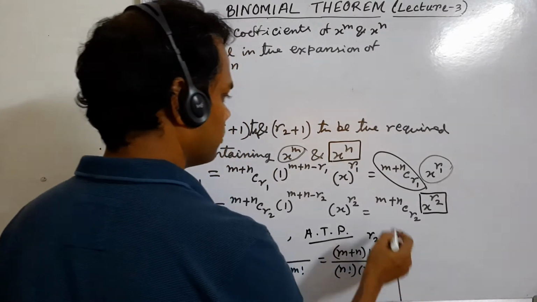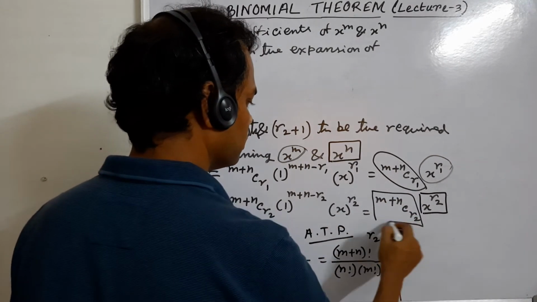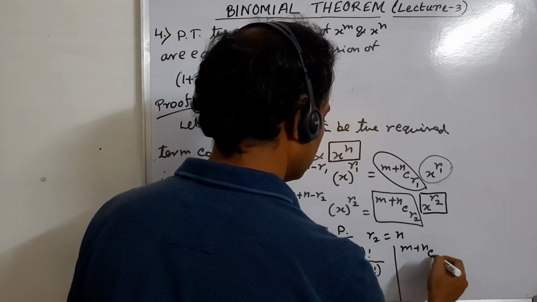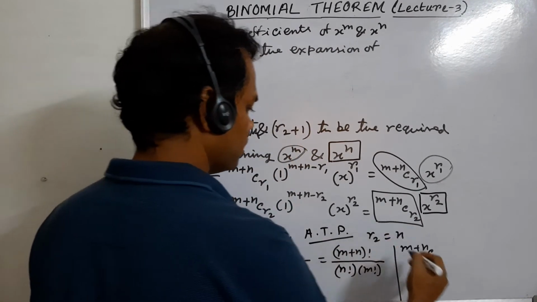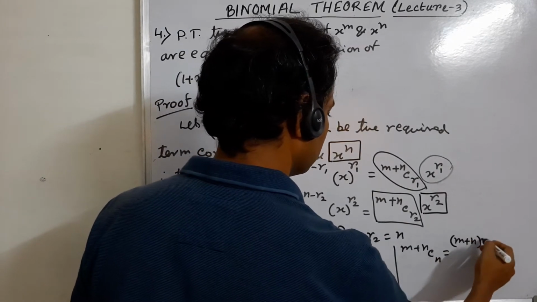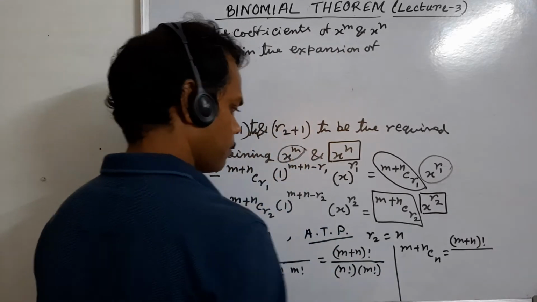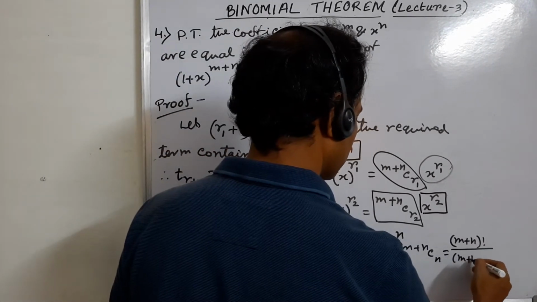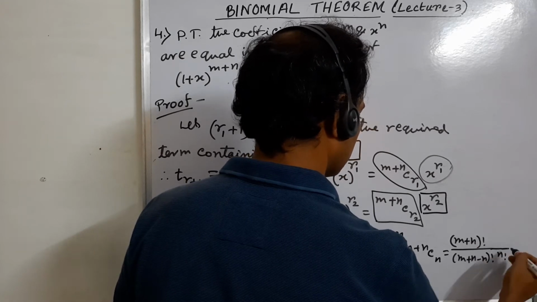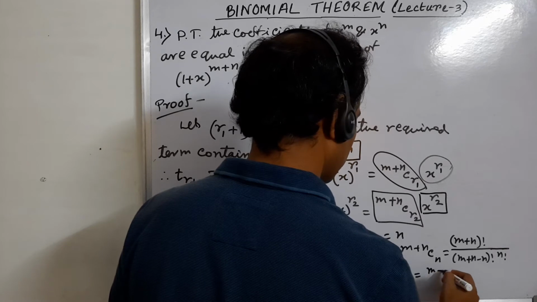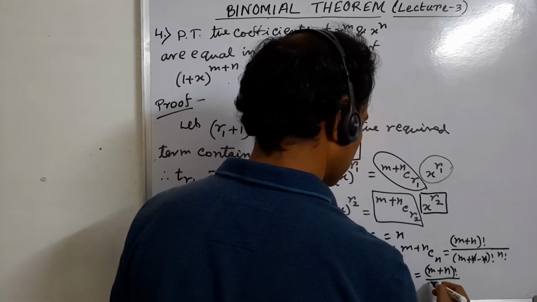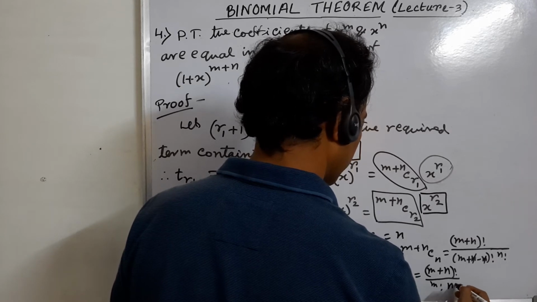And the coefficient is (m+n)C(r2). In the place of r2 we write n, so (m+n) factorial by (m+n minus n) factorial into n factorial, so that one is (m+n) factorial by m factorial into n factorial.